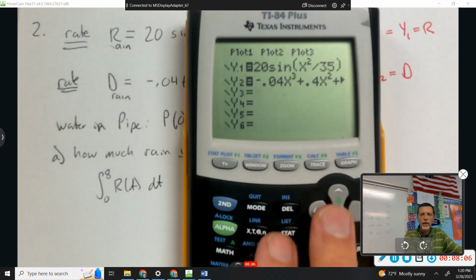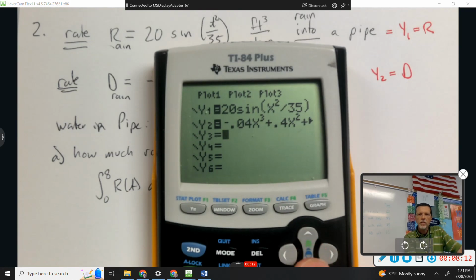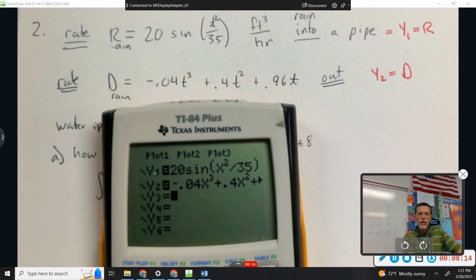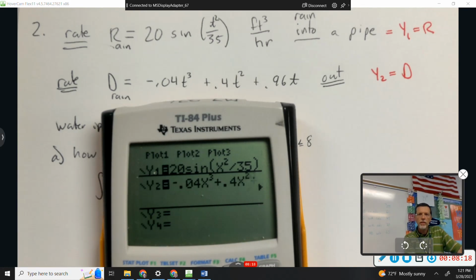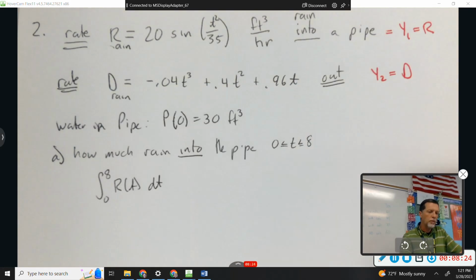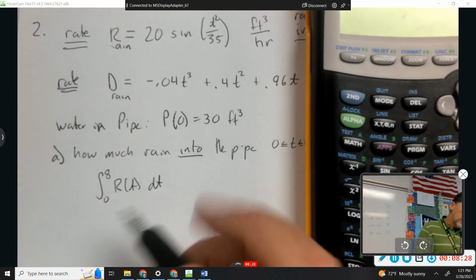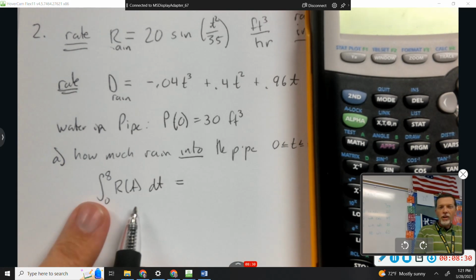Now I need to double and triple check those because I'm about to use them a bunch of times. 20 sine of x squared over 35, negative 0.04x cubed plus 0.4x squared plus 0.96x. Okay. So I got them in there. I probably won't have to type them again. That's my guess. So this is really all the work I'll need to show.